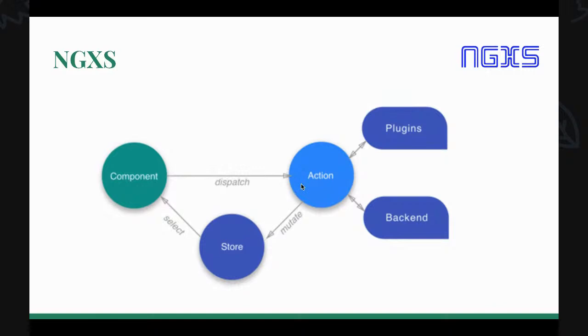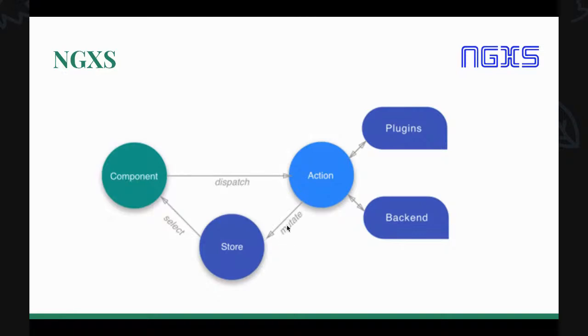This whole diagram falls into place if you imagine the user interacting with your app, and this is what is happening in your code. This exact thing is happening with state management and the NGXS library. So the user has clicked on like or a button on your app, and an action is being dispatched.